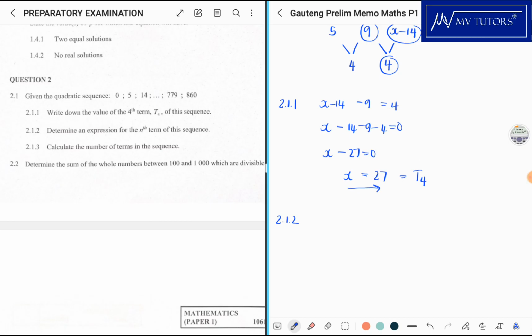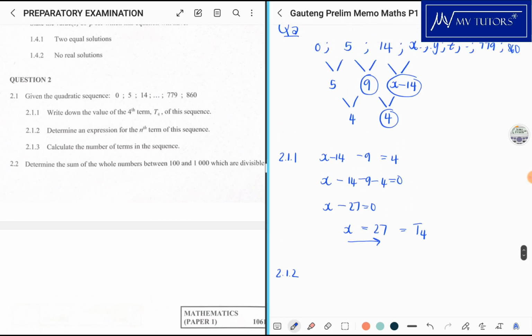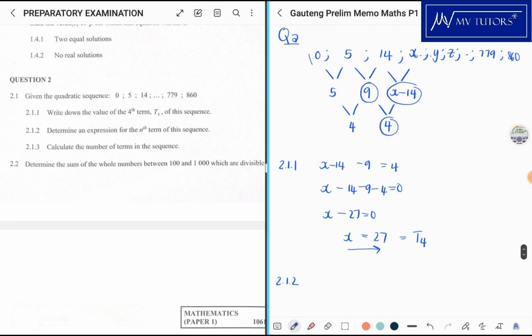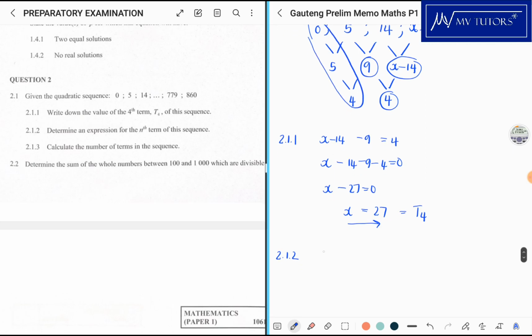So 2.1.2 says determine an expression for the nth term of this sequence. If I'm going to look at the nth term, my focus is the first diagonal. Firstly, we're going to start with 4. So 2a will be equal to 4. Now a is 2. Then 3a plus b will be equal to 5.